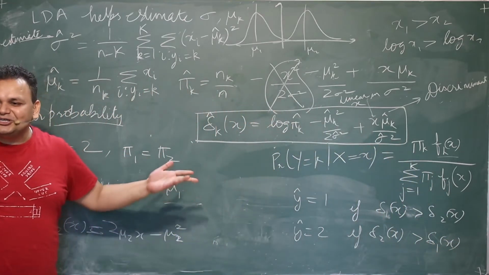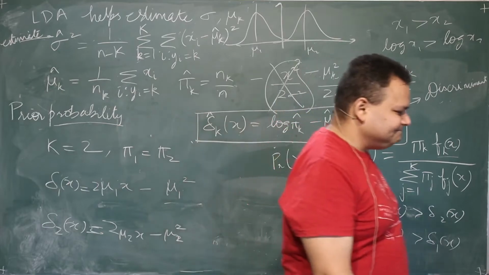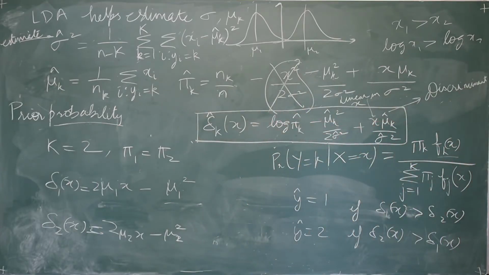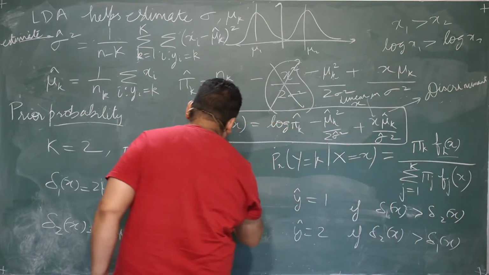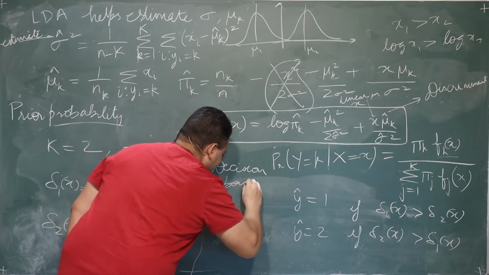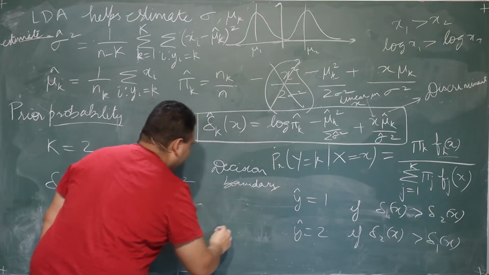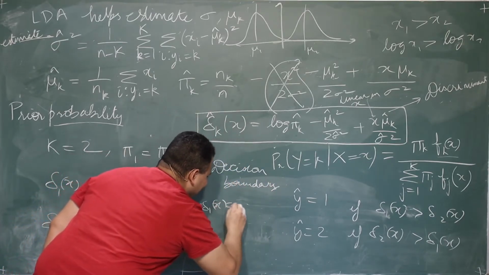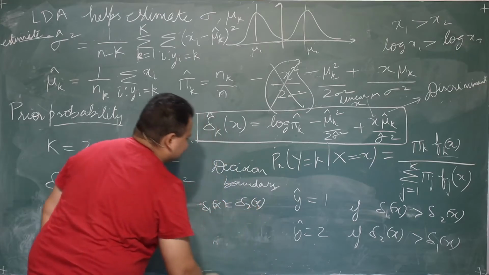So where is your decision boundary going to lie? When delta 1x is equal to delta 2x. So the decision boundary is where delta 1x is equal to delta 2x.